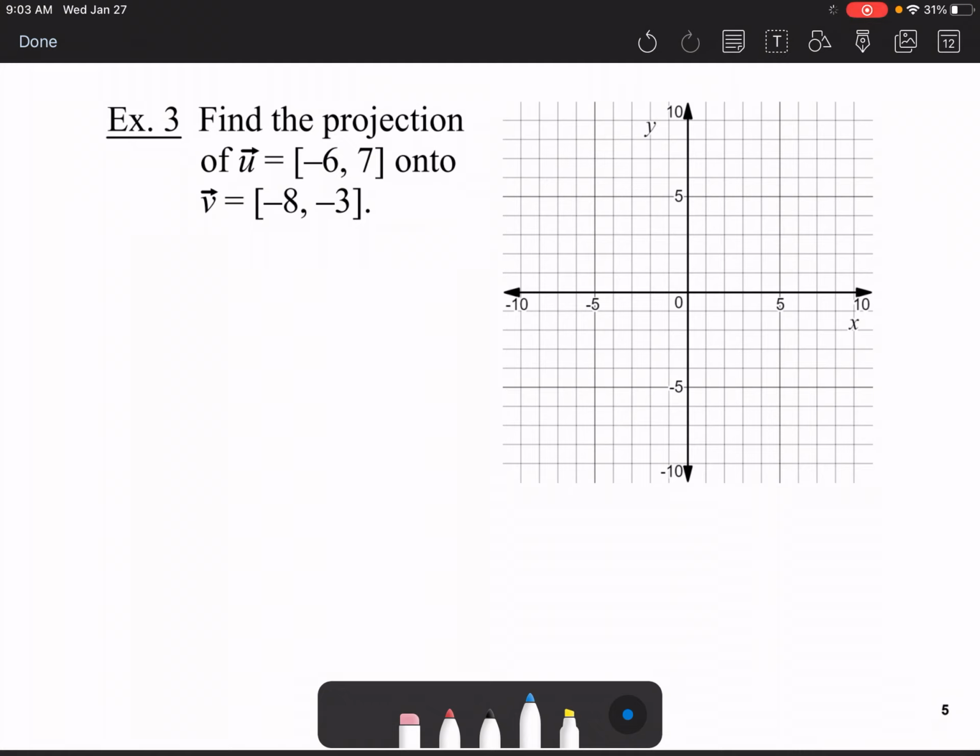So here we have the vector u is negative 6 and 7. So let me first draw that point. Negative 6 and positive 7 is right here. So I'm going to draw a line. There's my vector u. Now we're going to draw the vector v. So the vector v is given by negative 8 and negative 3. So I'm going to draw that line now.